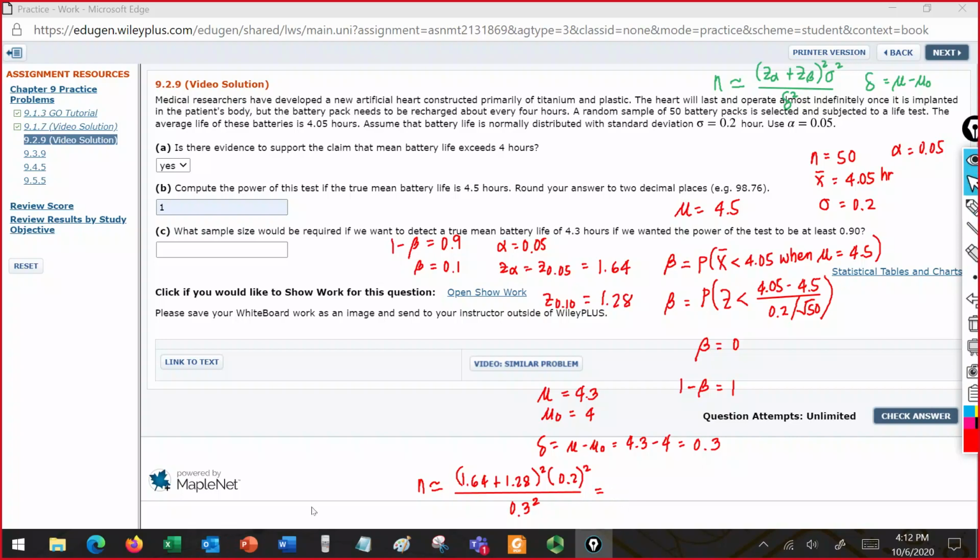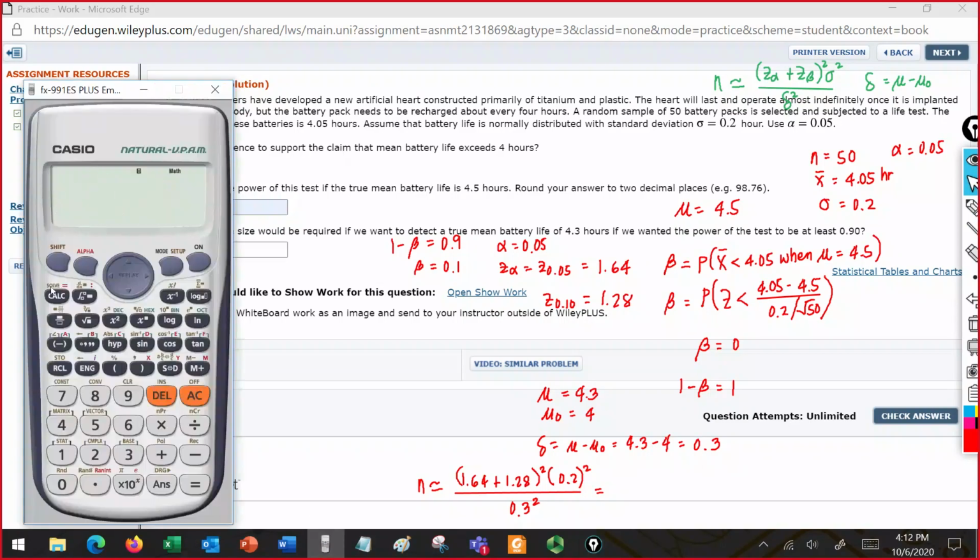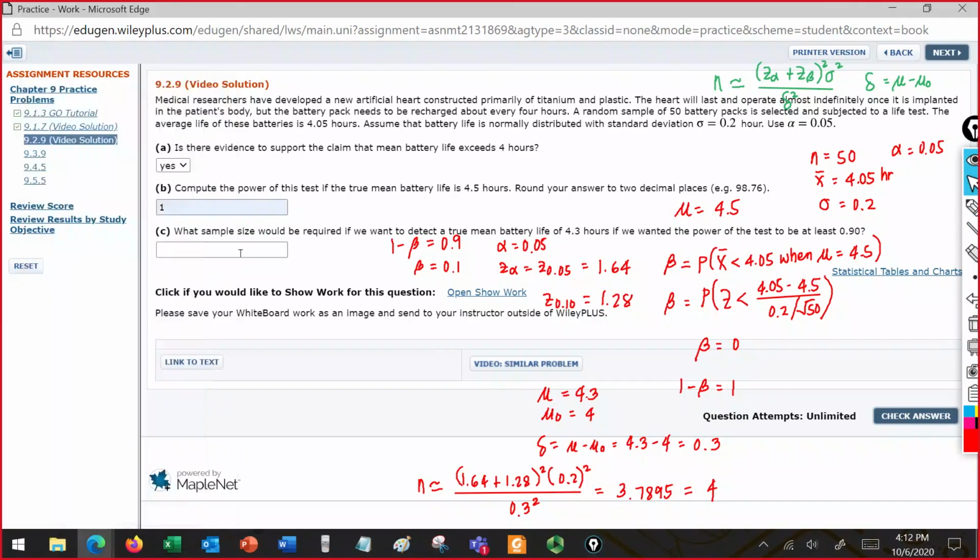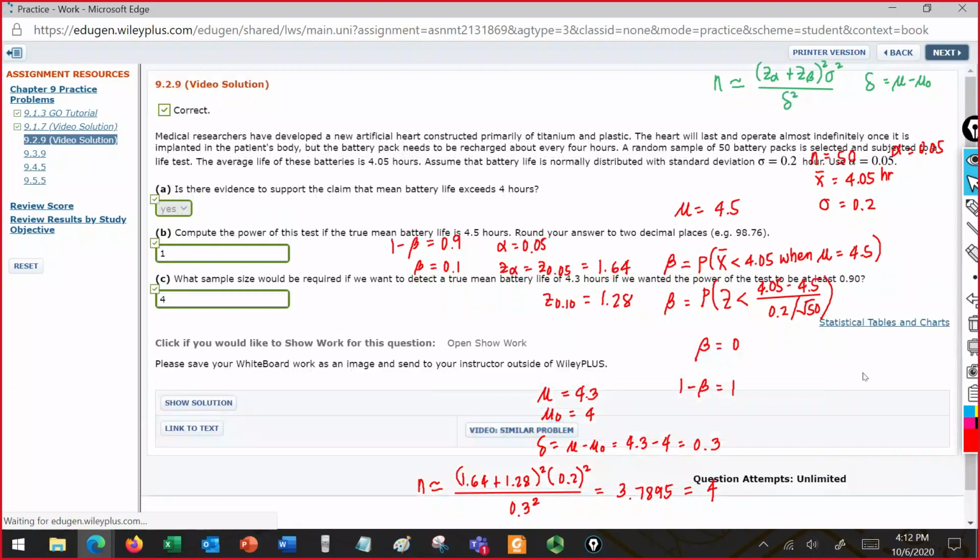Always round up the result. 3.7895 becomes 4. 4 is the final answer. And correct.